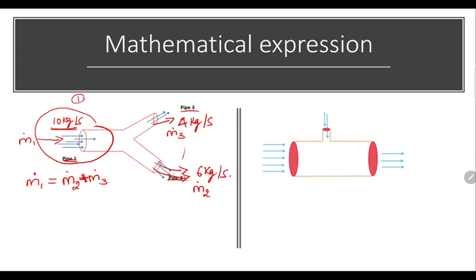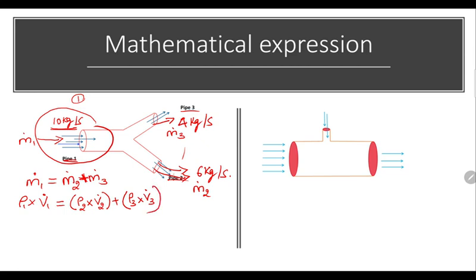If I write it based on the volumetric flow rate, I would write it as density 1 times volumetric flow rate V dot 1 equals density 2 times volumetric flow rate 2 plus density 3 times volumetric flow rate 3.